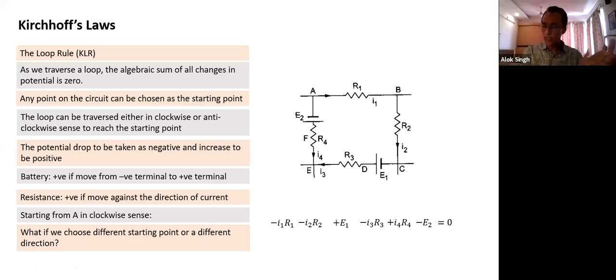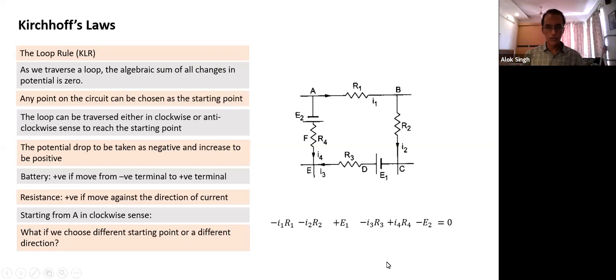Whenever we try to make a current flow, we need to apply a potential difference. There has to be an energy level difference between the two ends. When you apply potential difference, different current will flow in different cases. So there's a particular ratio. In many cases the ratio is constant, which is Ohm's law. Resistance is nothing but the ratio of V by I. Okay, let's proceed further from here.